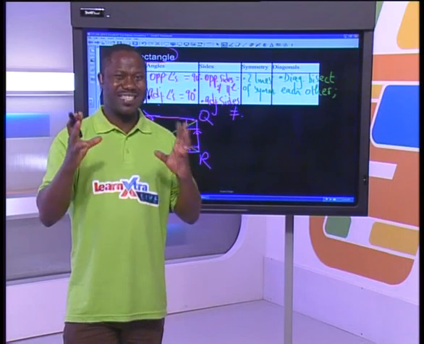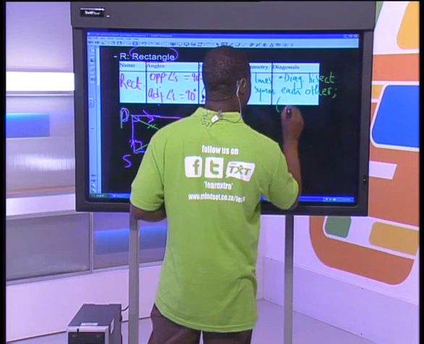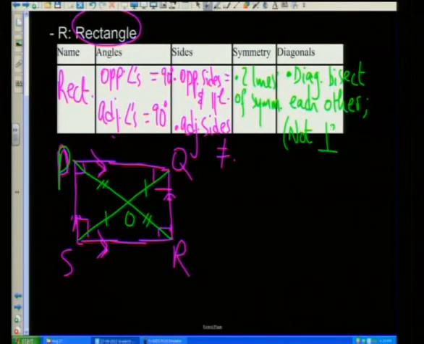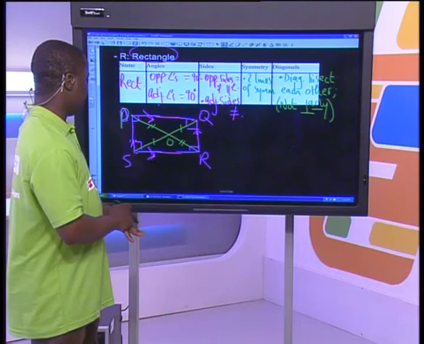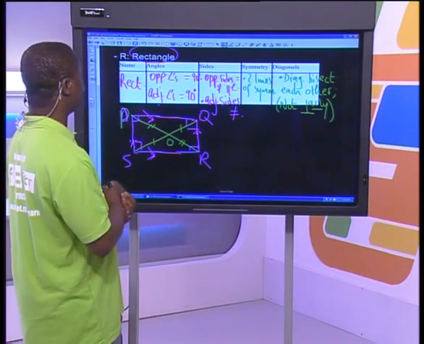It's only for certain shapes. So you could, for your own benefit, just say not perpendicularly. All right, and I think I'm done with the properties of a rectangle.